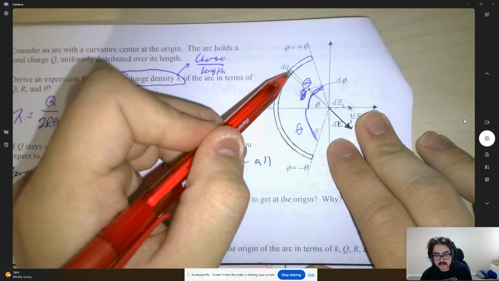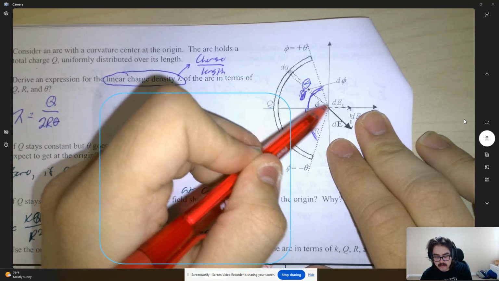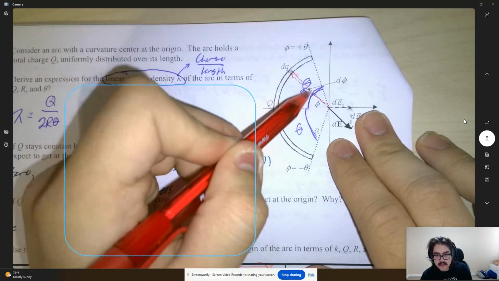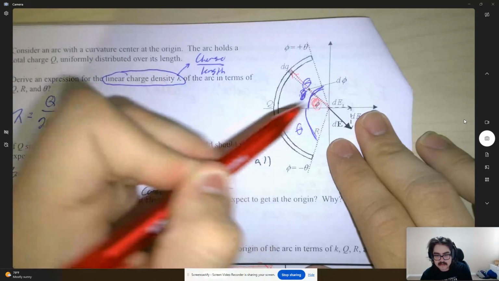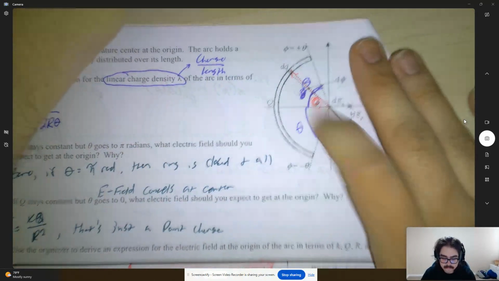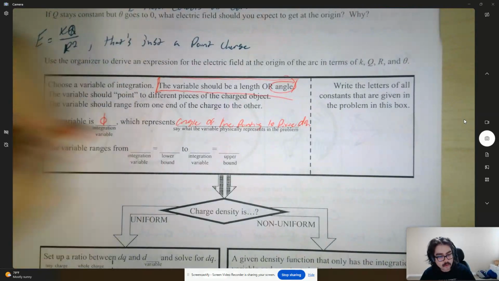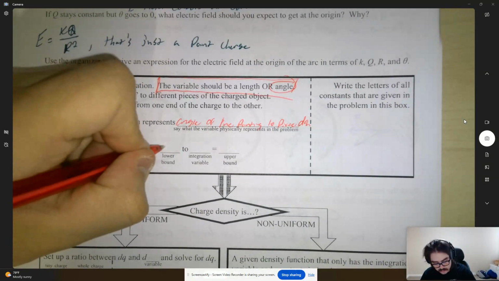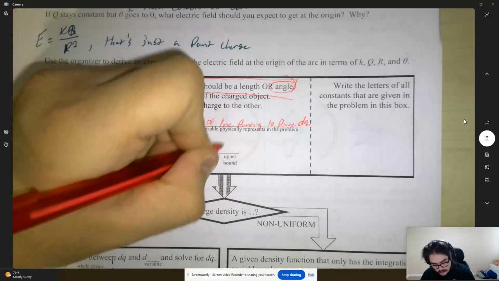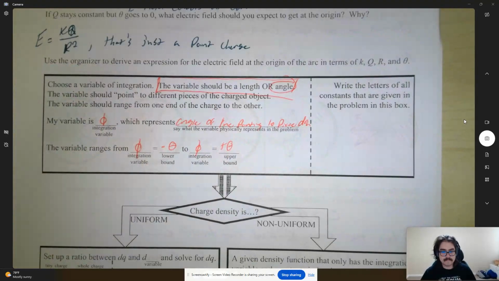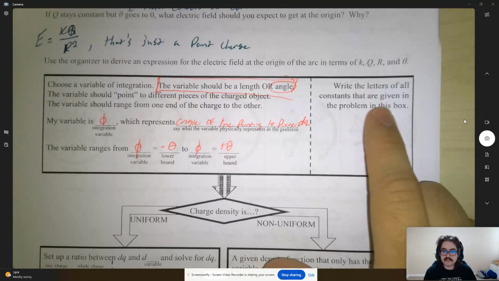You see how there's a piece dq right there? We'd start here and we would point up there. And then the angle phi is that angle right there. You see how that works out? I'm going to have to sweep through the whole arc, so I want my phi to range from negative theta to positive theta.